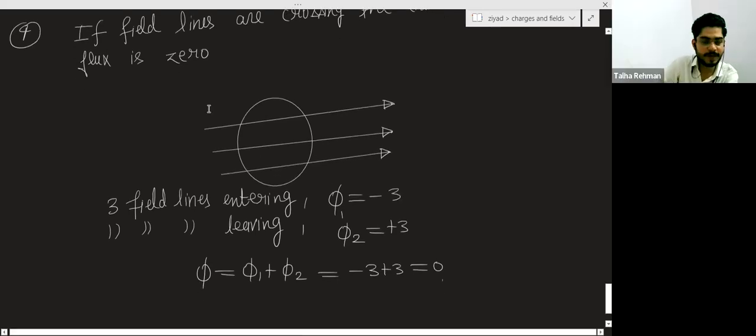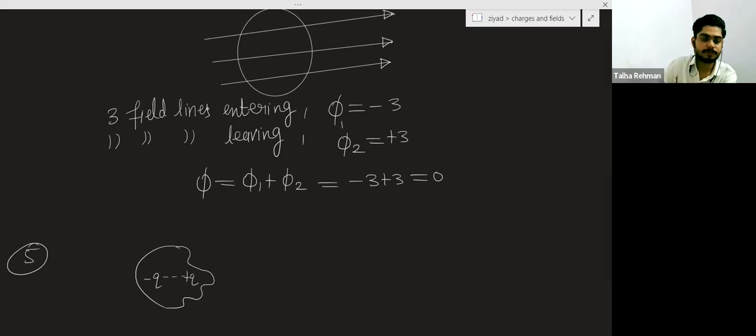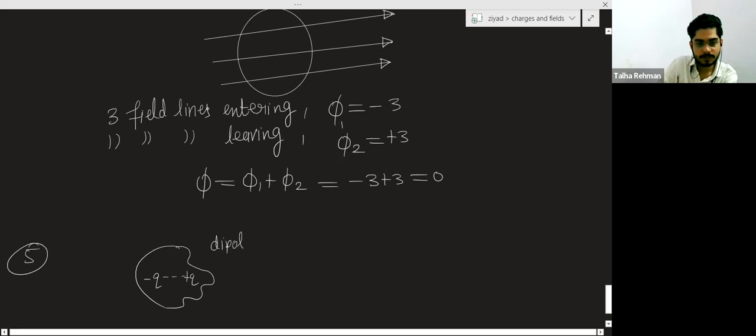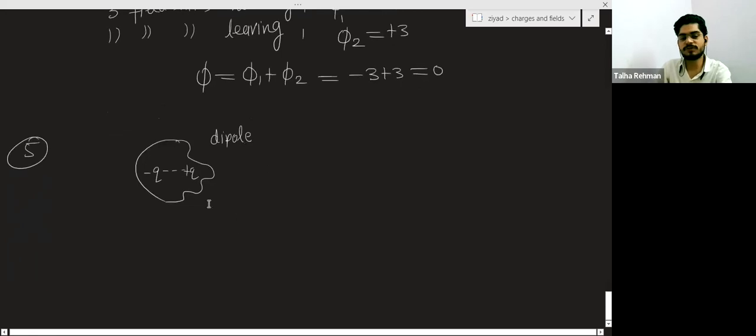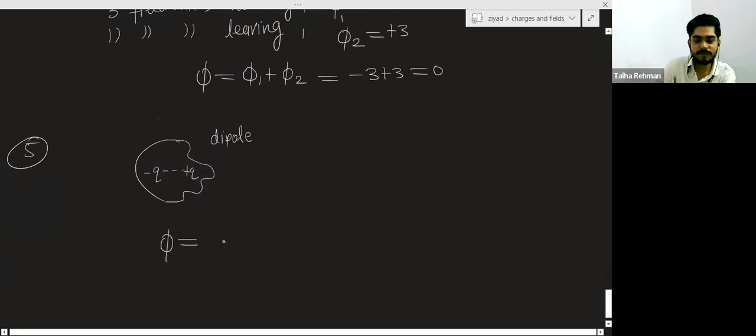Okay, there is one more point. Suppose you have a closed surface like this, and suppose you have a minus q and a plus q charge, meaning you have a dipole. Can we calculate the electric flux crossing this area with the help of Gauss law? According to Gauss law, what is the total flux?